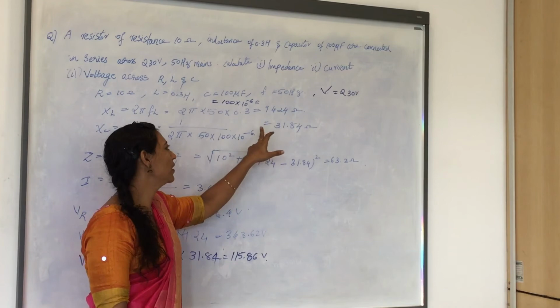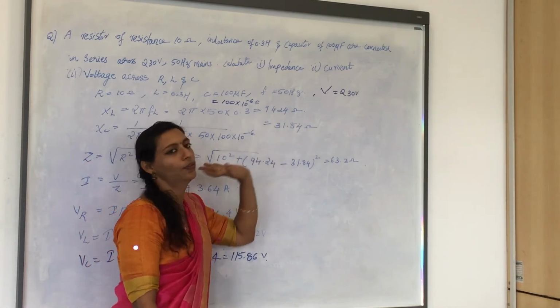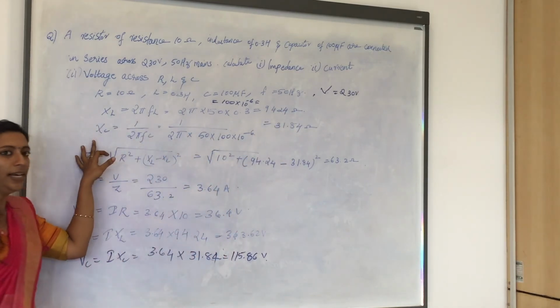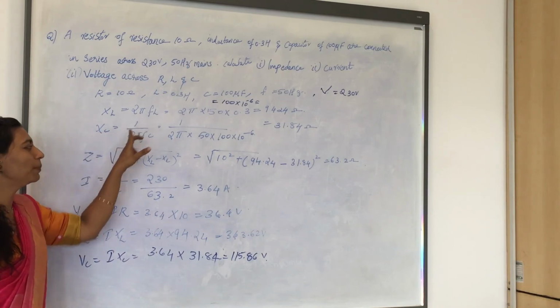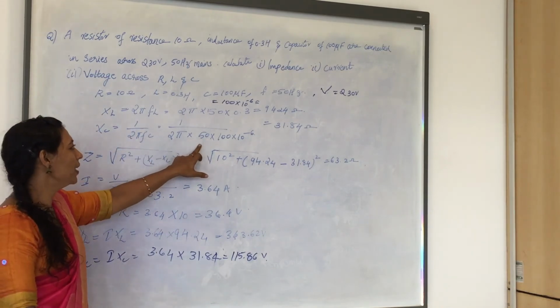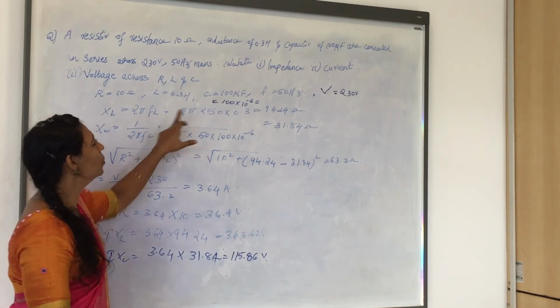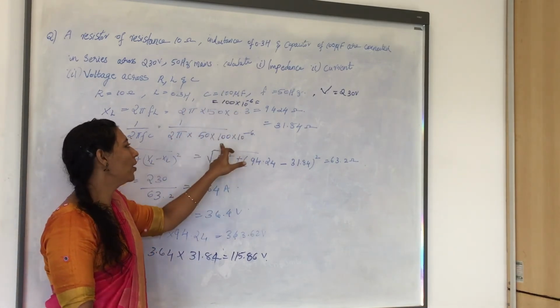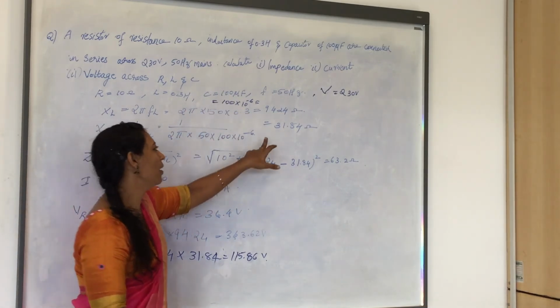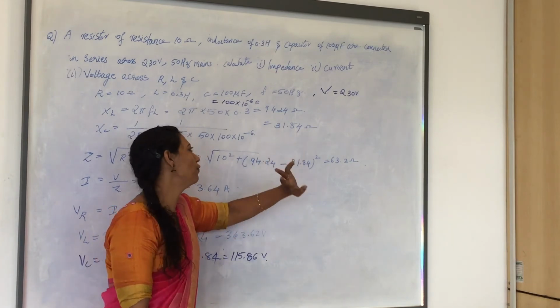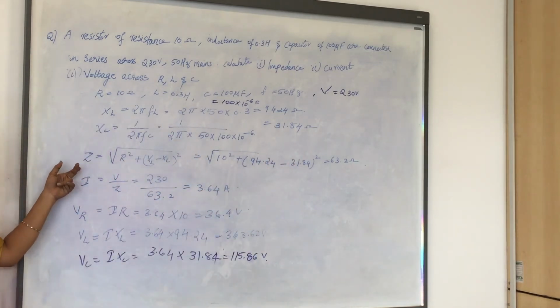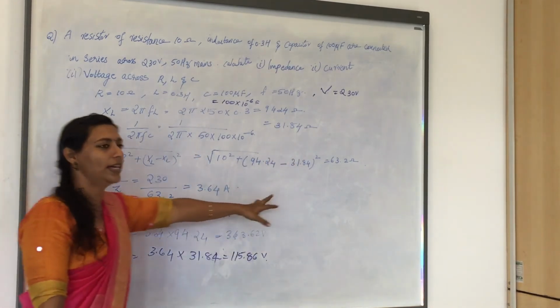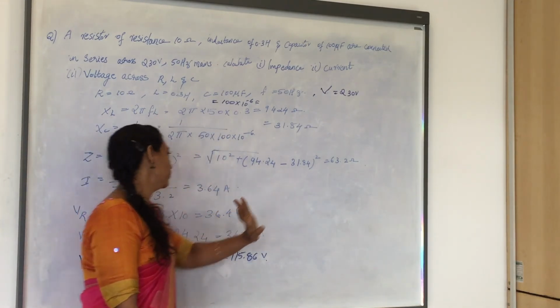Substituting the values, we get 94.24 ohm. Capacitive reactance XC is equal to 1 by 2 pi F C, where F is 50 Hz and C is 100 into 10 raised to minus 6. We have obtained 31.84 ohm. Therefore, substituting these values, impedance Z is 63.2 ohm.